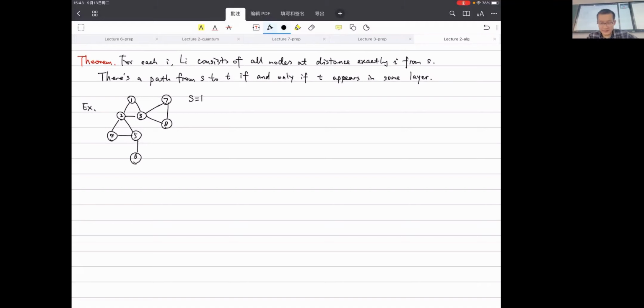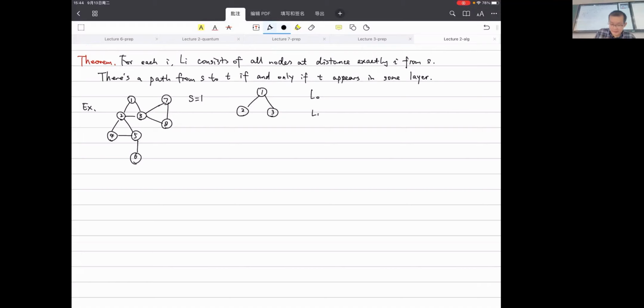What is the layer structure of this graph going to look like? We have a 1 here because S equals 1, and this is going to be layer 0. What are going to be the vertices in layer 1? Yes, exactly, it is going to be 2 and 3 here. The drawing here is not so good, so let me redraw: 2, and this is going to be 3.